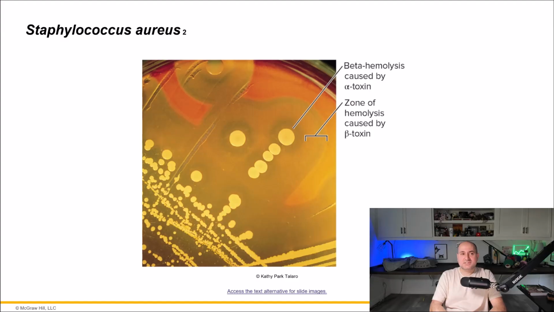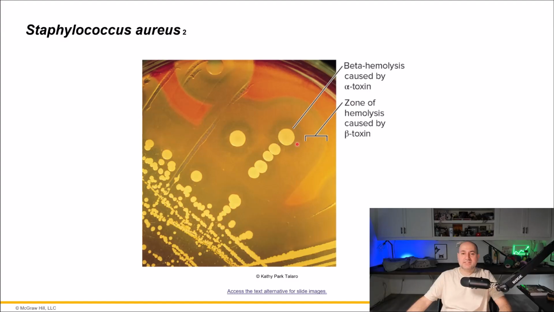Here you can see those Staphylococcus aureus colonies on a plate. Notice that they grow with a golden pigmentation. And in this plate, you can see that they are growing on a blood agar plate. And you can see that they are breaking open those blood cells, right? That's called beta hemolysis. So you can see that Staph aureus is capable of causing beta hemolysis.